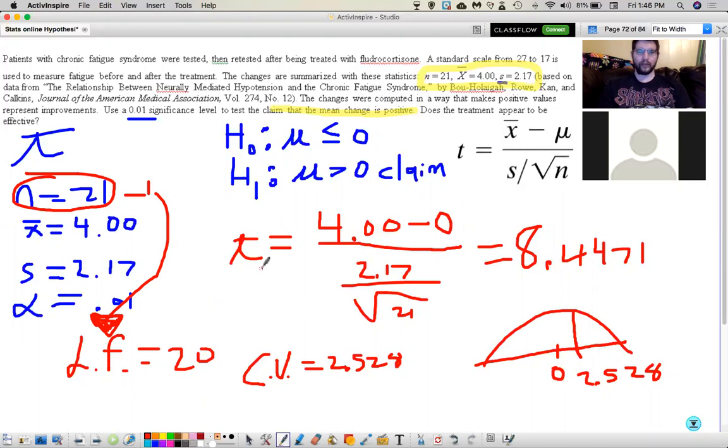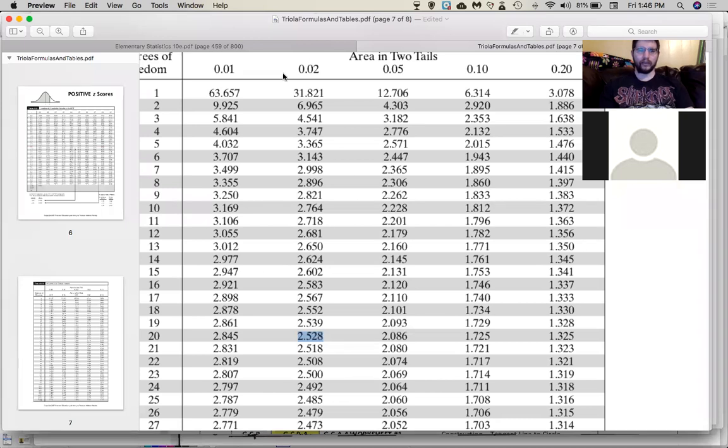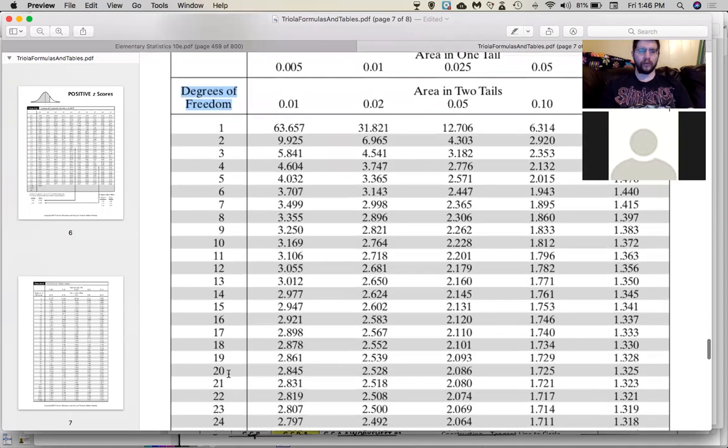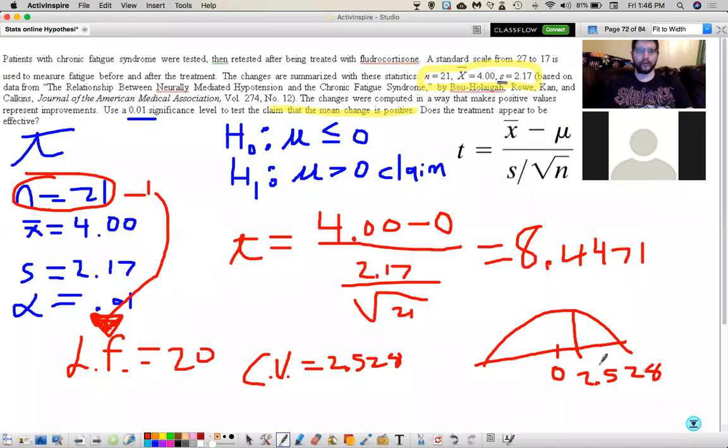How do you use that to find the critical value? Okay. If we look at our chart, the left column is degrees of freedom. So we need to be in that row that corresponds to our degrees of freedom. We have 20 degrees of freedom, so our critical value is somewhere in this row. Then we look at our alpha value. Our alpha value is 0.01. It's a right tail, so 0.01 right tail.